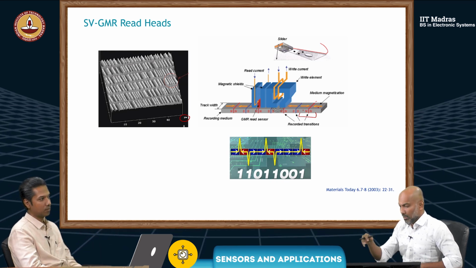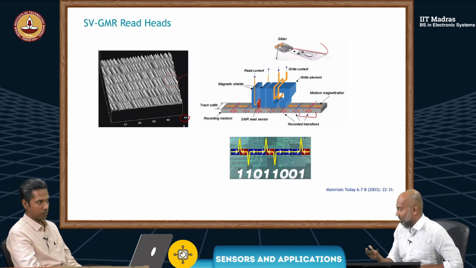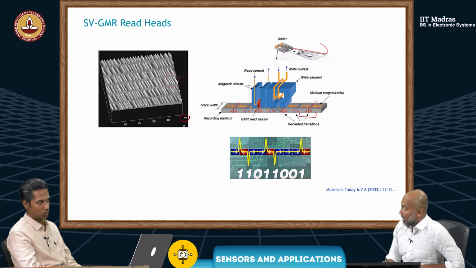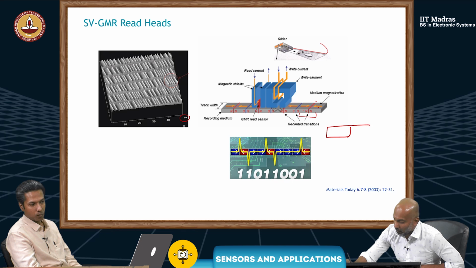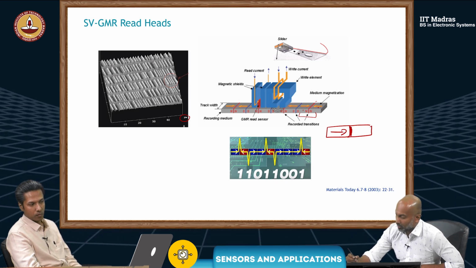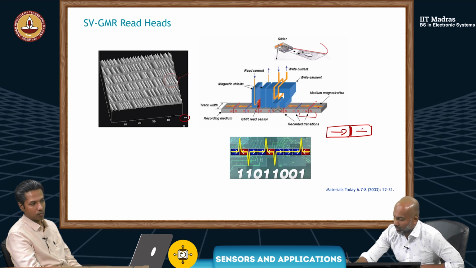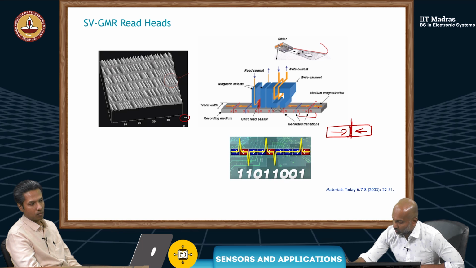Yeah. Either the read head moves or the recording medium moves. Same thing, right? So in this case, let's say one is in this direction. The other one is in this direction. What the read head reads is this transition point.